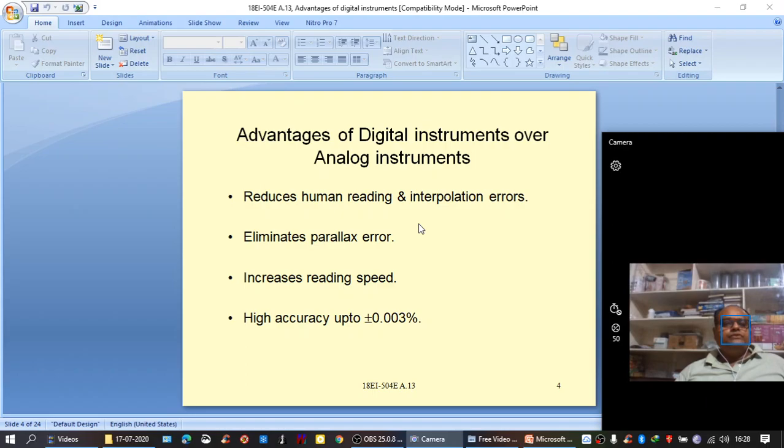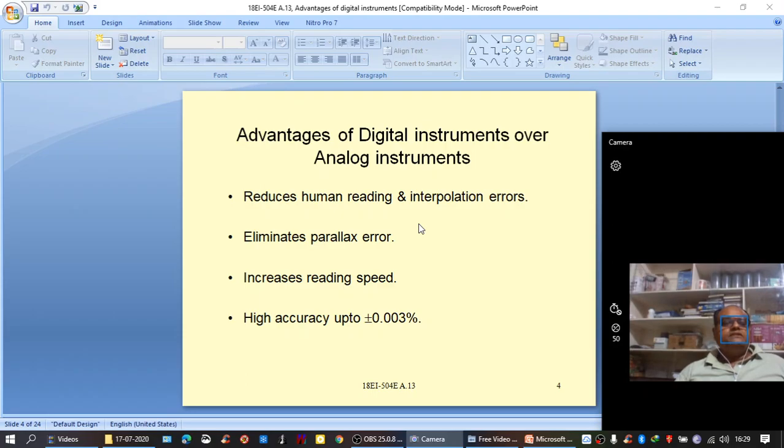If the pointer is showing some position in between, we will not be able to identify what exactly is the value of current indicated.